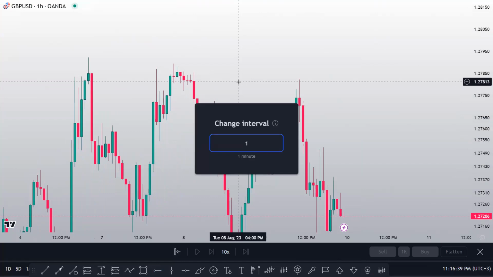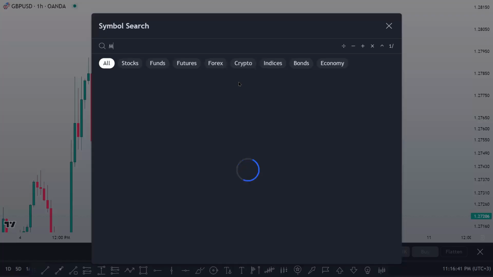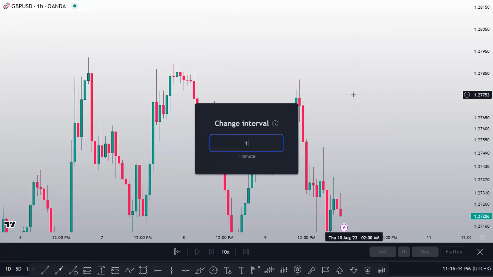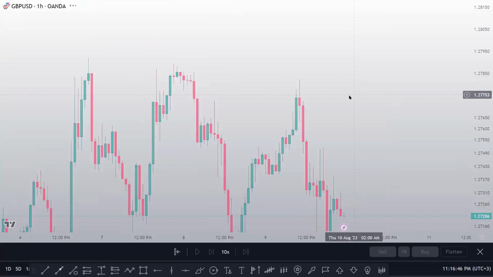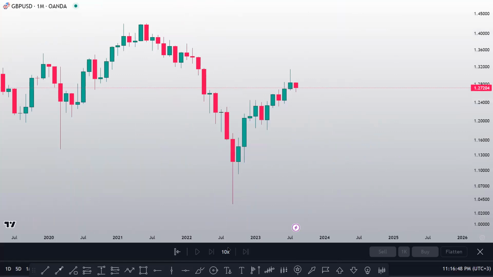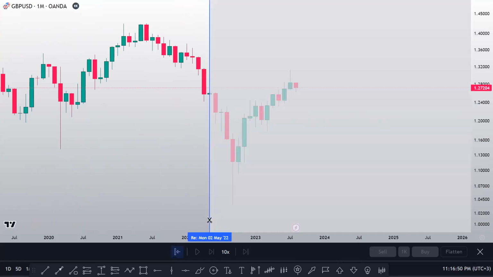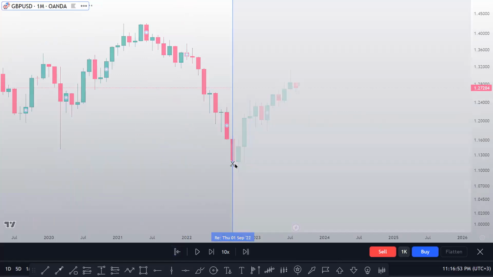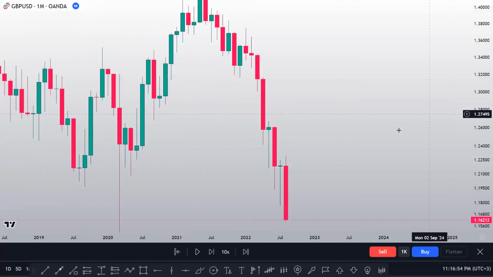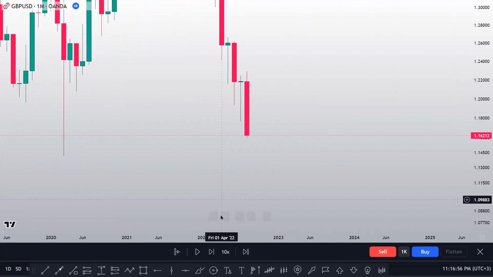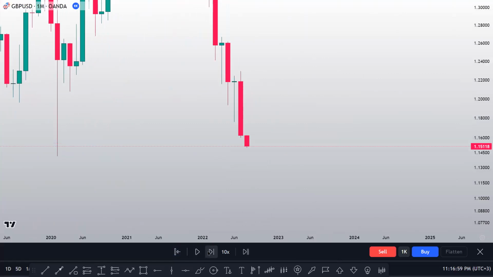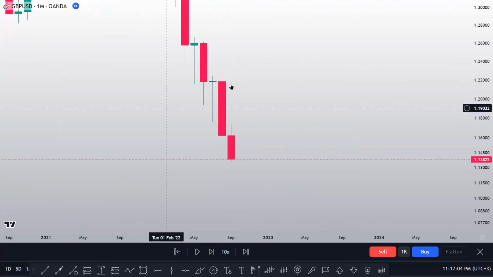So for example, let us look at this pair maybe on the monthly time frame. Let us cut this pair maybe somewhere here. So maybe when you came to your charts, you found out the market is in these conditions.